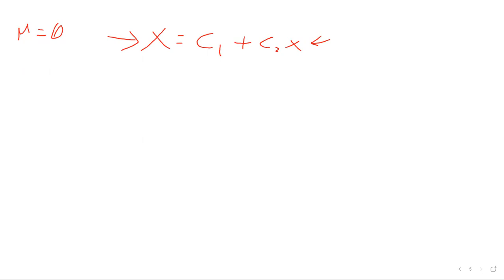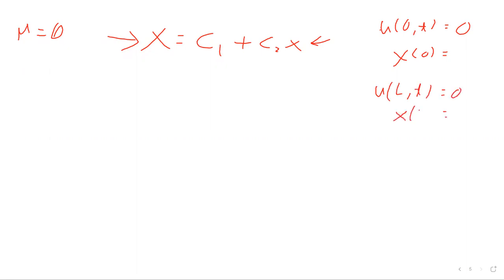And now we can use our boundary conditions to find out what our C1 and C2 are. u of 0, t equals 0, but that's going to be the same as X of 0. Same thing with our u of L, t being 0.